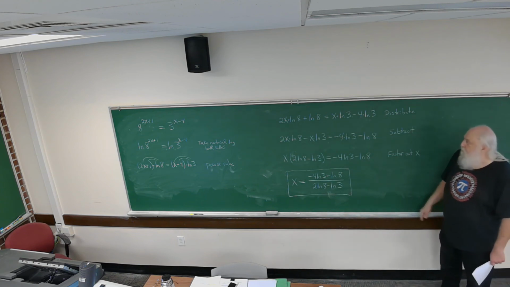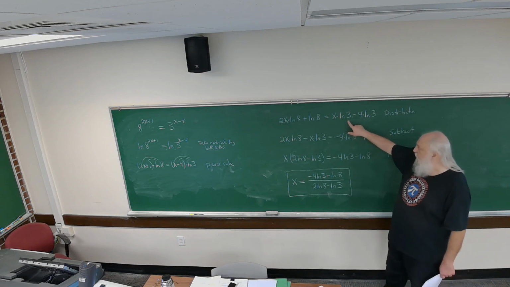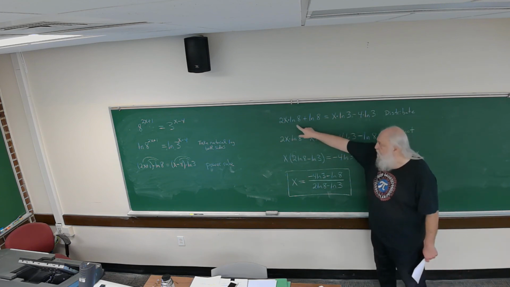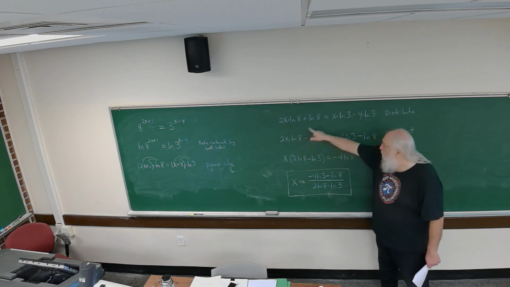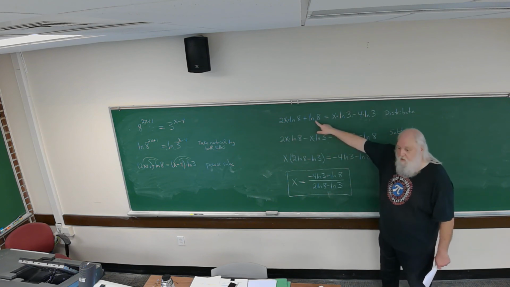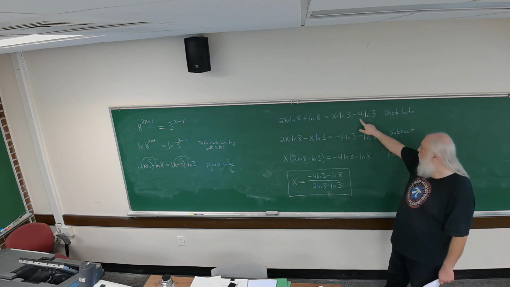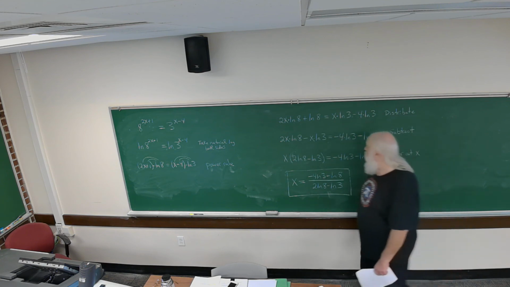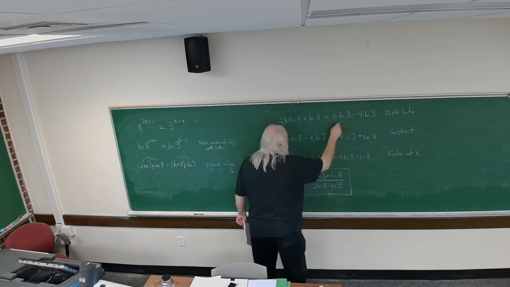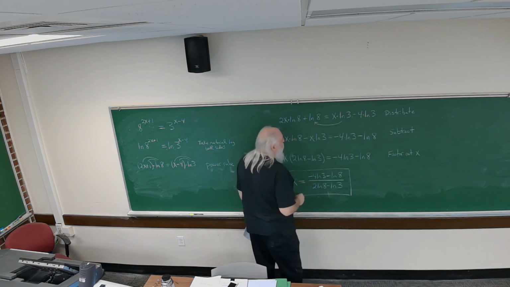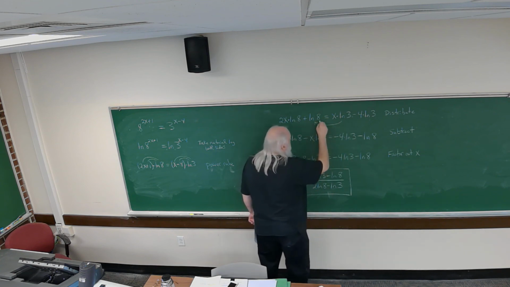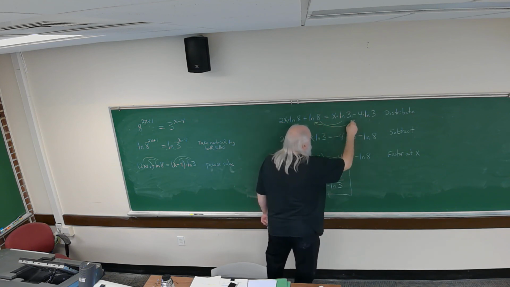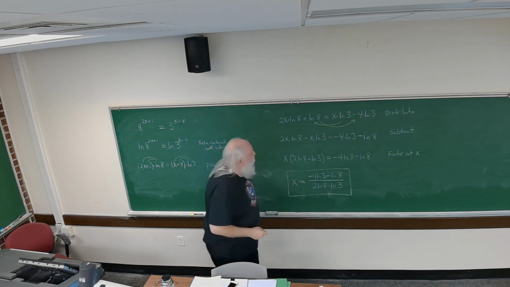And now I have to move this term with x in it to the left-hand side to go with this term with x in it, and then move the natural log of 8, which is just a real number, to the right-hand side to go with this term. So we're going to move this to the left via subtraction, and we're going to move the natural log of 8 to the right via subtraction.